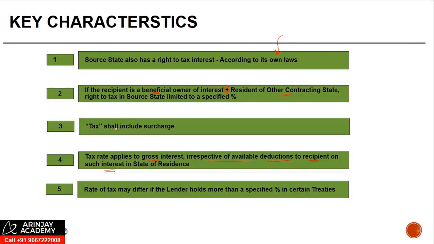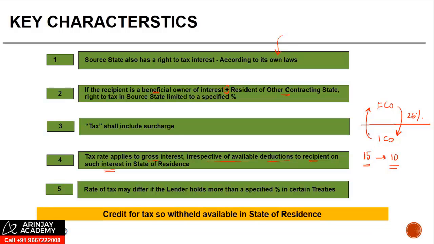What these treaties say is that if there is a foreign company which owns more than some percent in the Indian company, let's say 26%, then for the interest paid by the Indian company to the foreign company, the rate of tax will not be 15% as we saw earlier. It might get reduced to 10% or any other percentage that the two contracting states may agree. Obviously, credit for the taxes withheld has to be given in the state of residence.